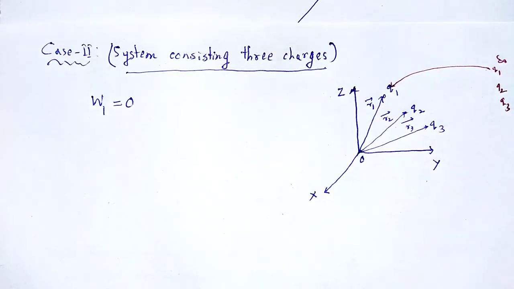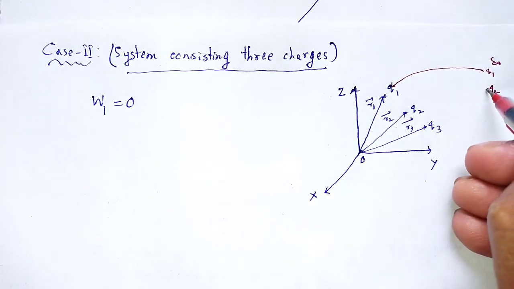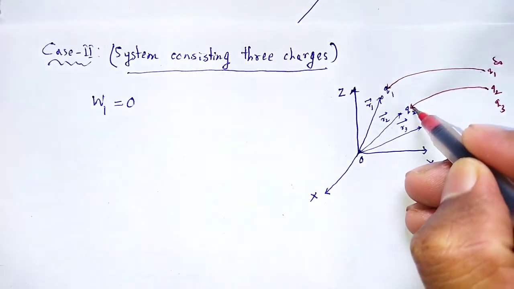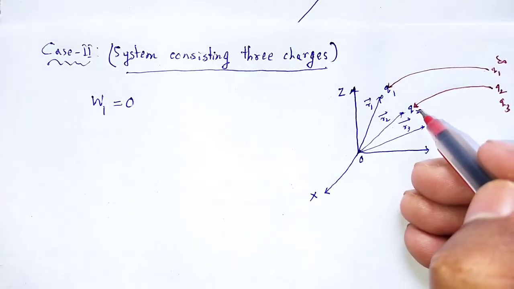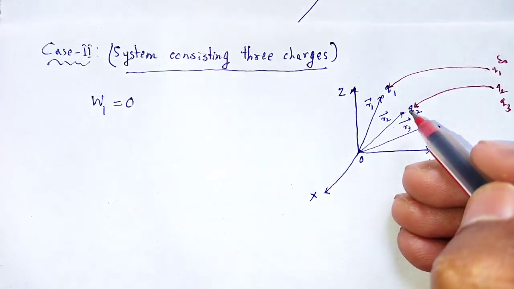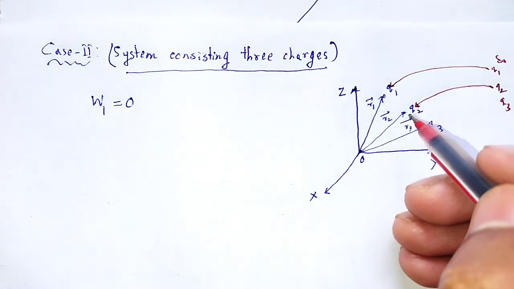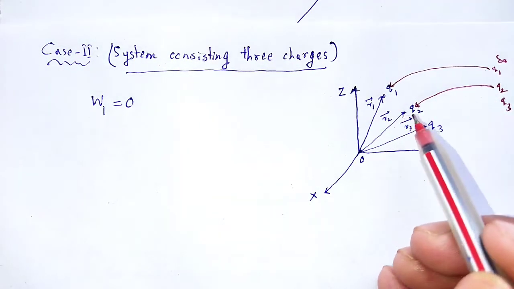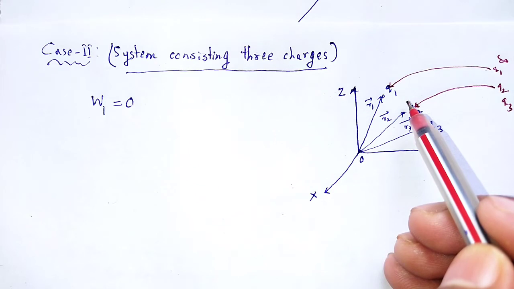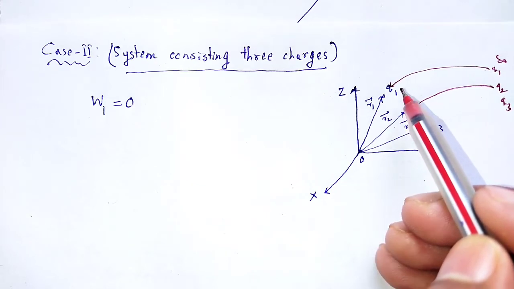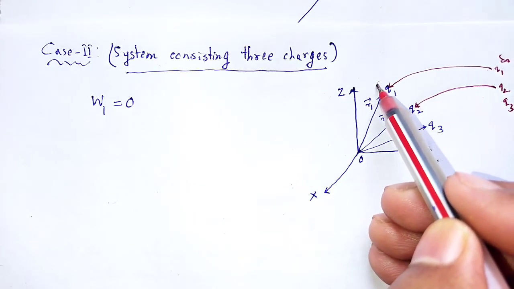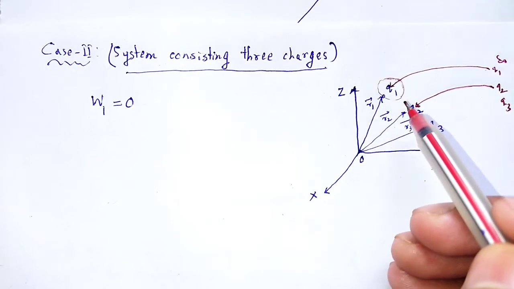Now bring the charge Q2 from infinity to its respective position. Here the work done will be against the electrostatic force of the charge Q1.